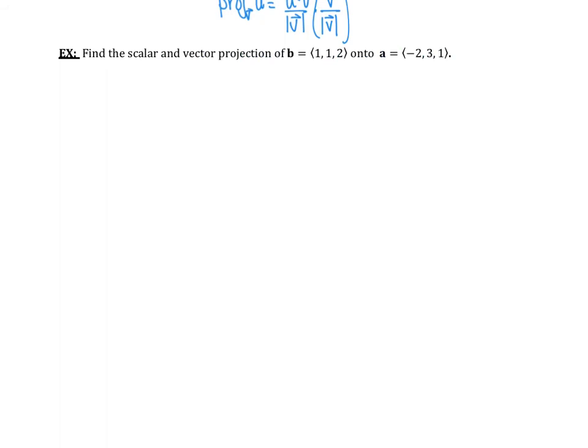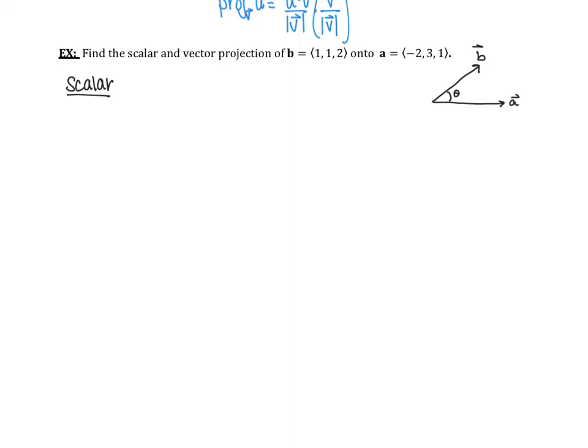Here we go. We're going to find both a scalar and a vector projection of B onto A. Let's start with the scalar. If we look at a picture of this, I have a vector A, and then I have a vector B, wherever they are, and this angle here would be my theta.